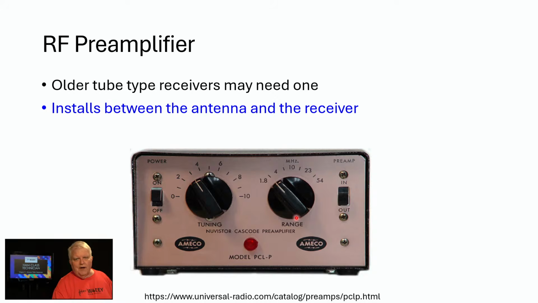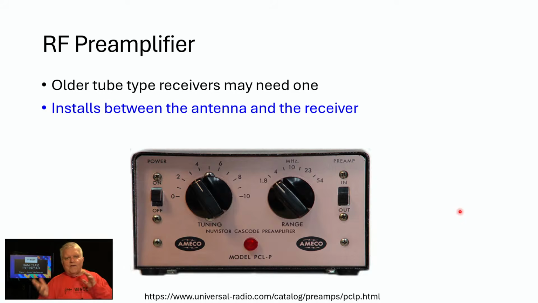You select it for the approximate band, and then you tune this for maximum signal strength. It helped. It allowed the radio to hear on 15 and 10 meters much, much better. So that's what an RF preamplifier is all about. Nowadays, in modern radios, they have RF preamplifiers built into the radio. So you probably won't need to add one of these, but you need to know that it exists.